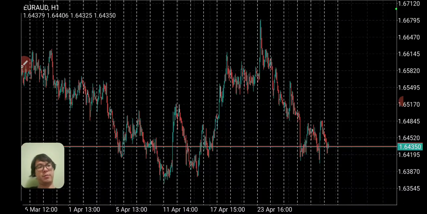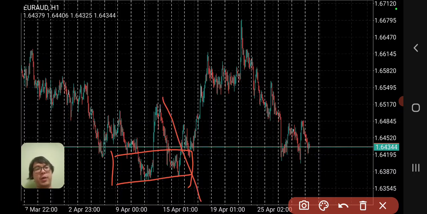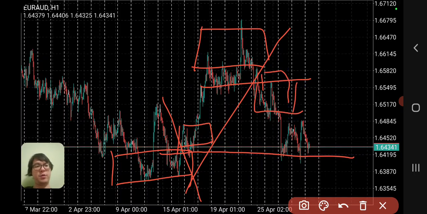Euro Australian, this one is a very interesting setup where we have bottom form, dimension 1, trend line break for the support, dimension 2, create a top, dimension 3, trend line break, testing resistance, dimension 4, and we are at dimension 5 area.